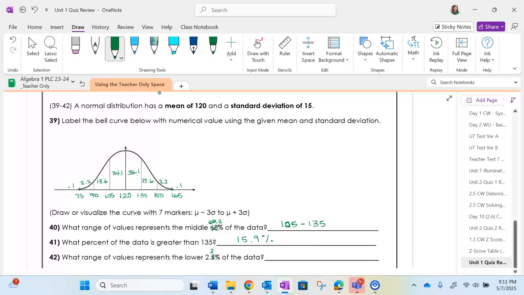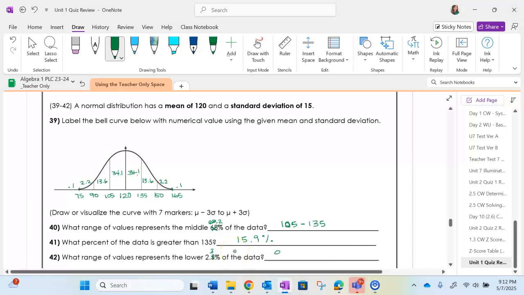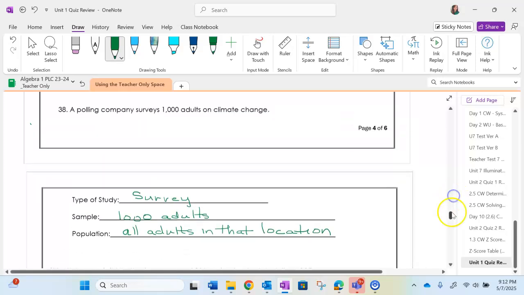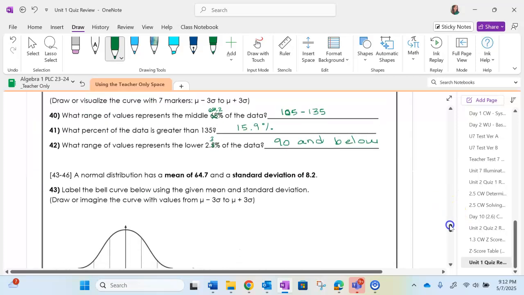And it's really anywhere from, and you can say 90 and below. Okay, that's fine. It's below 90, just below 90. Okay, that is perfectly fine to say. All right, let's go on to the next one.